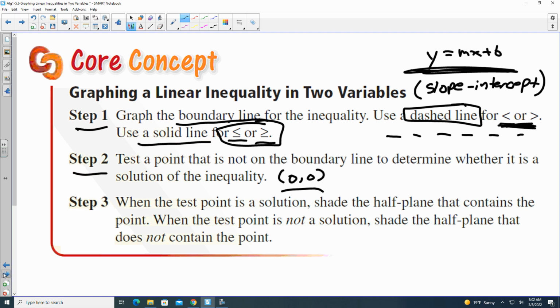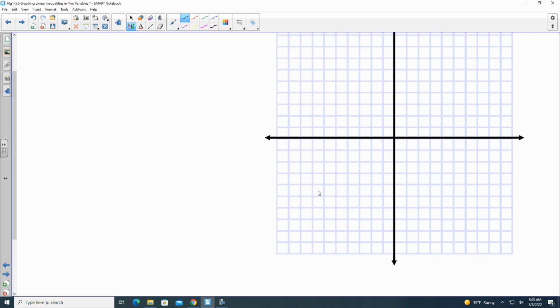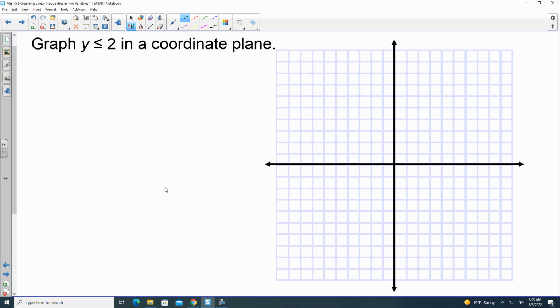If it is not a solution, then you're going to be shading away from that test point that you chose. Could be (0, 0), could be something else. But let's take a look. So in this particular example, they're asking us to graph y is less than or equal to 2.